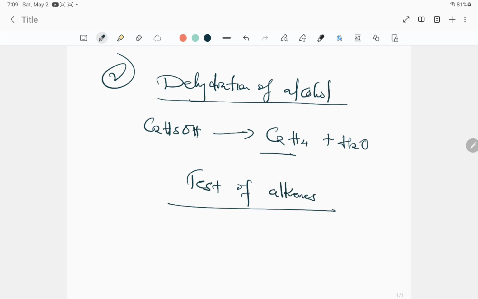Let's look at the last part, tests of alkenes. We're looking at how you can identify if a hydrocarbon is saturated or unsaturated.